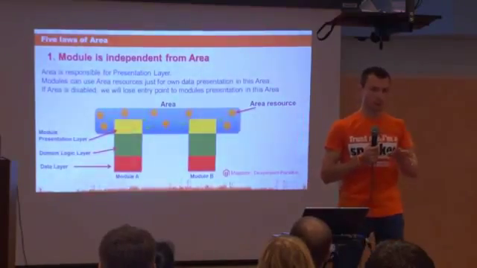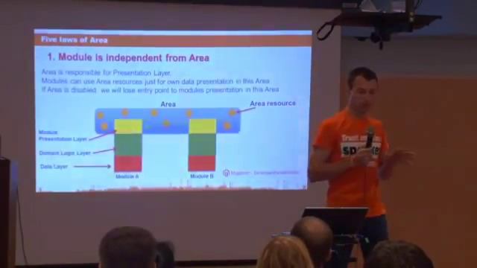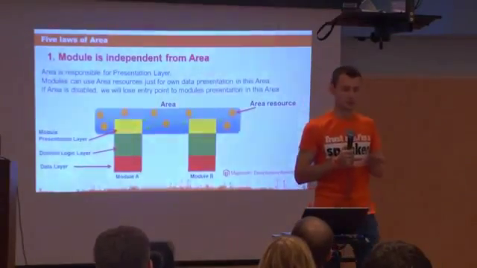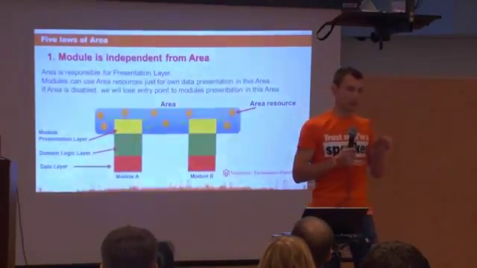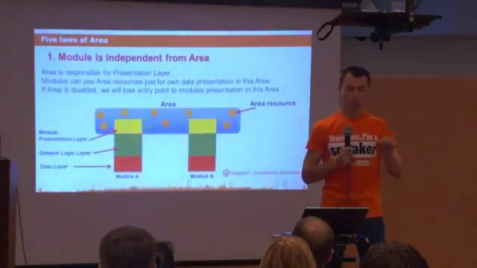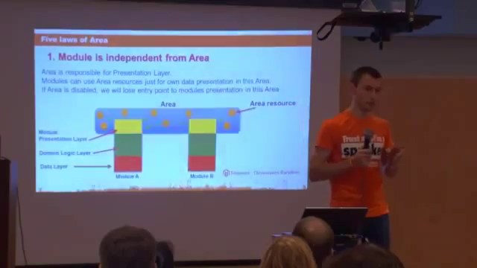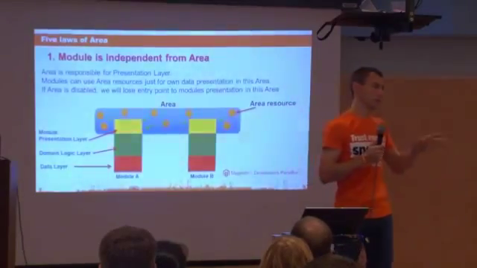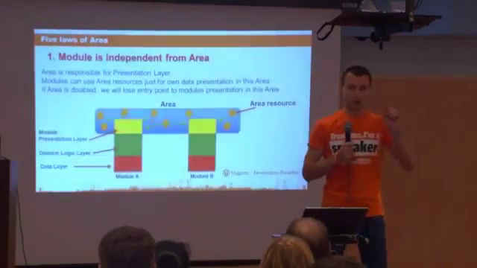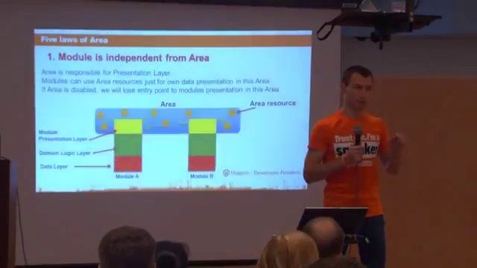Area is responsible for the presentation layer. A module can use area resources just for its own presentation layer in this area. And if the area is disabled, we will lose the entry point to the module's presentation in this area. That's why if you create a new module and this module is represented in some area, you must not have dependencies on the area module.